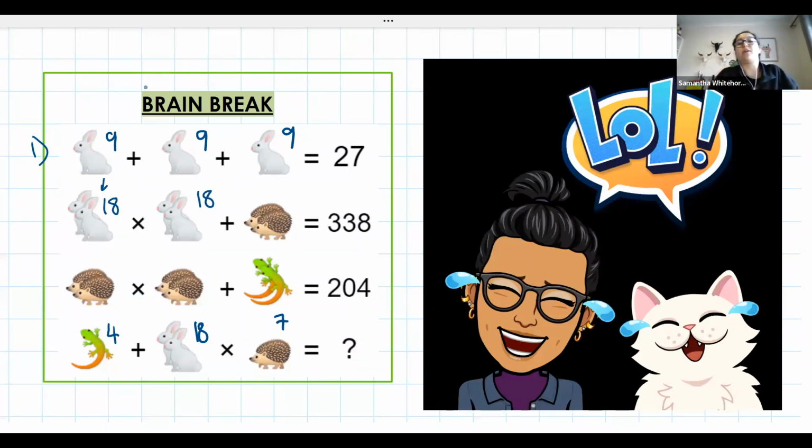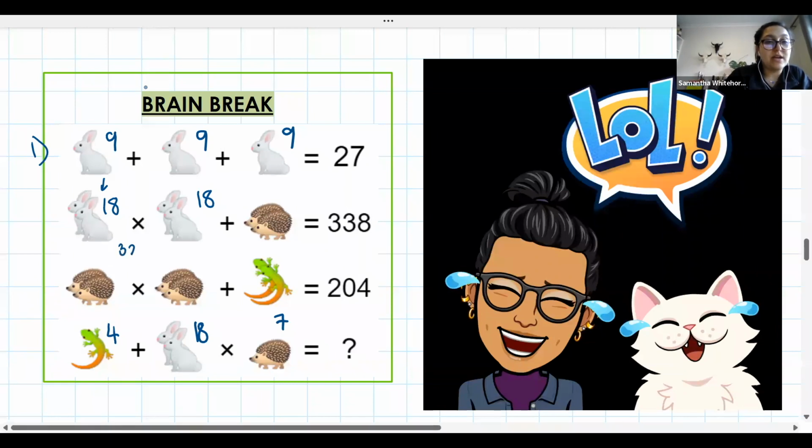And then we have to figure out what the hedgehog porcupine thing is. Now remember, according to BODMAS, you have to times first. 18 times 18 is 324. So we need to figure out what I need to add to 324 to get to 338. And that therefore means that our little double porcupine thing is 14.